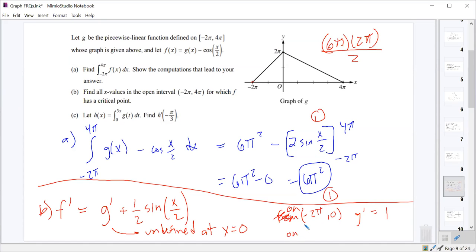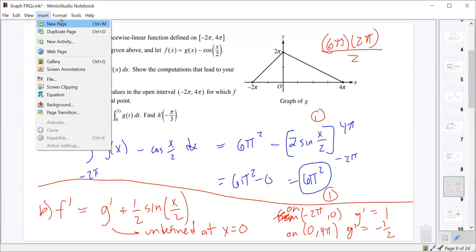But on the interval from 0 to 4 pi, g prime equals -1/2. And so we need to take that into account as we're looking for times at which this is equal to 0.